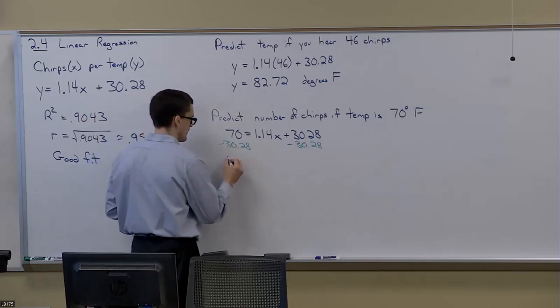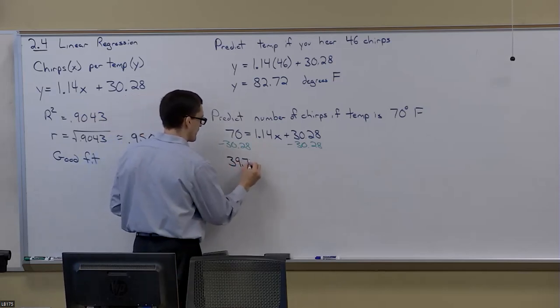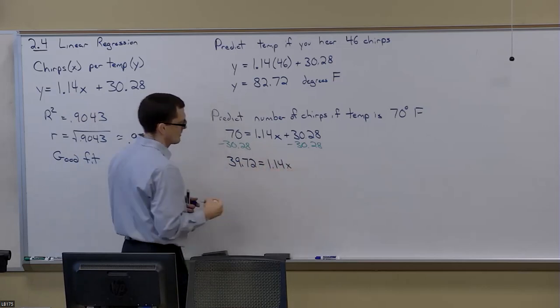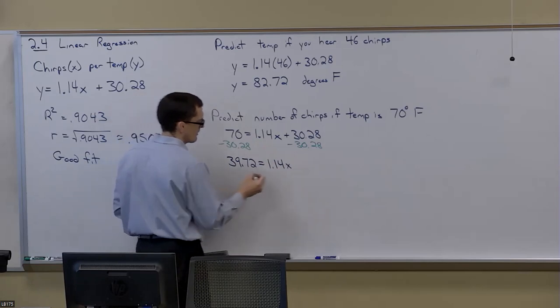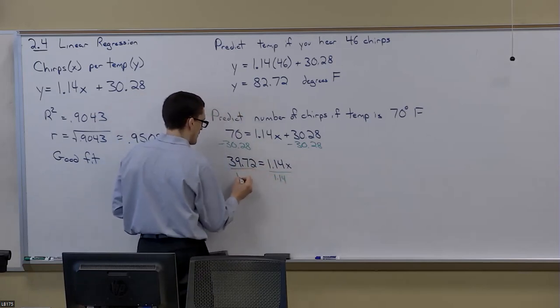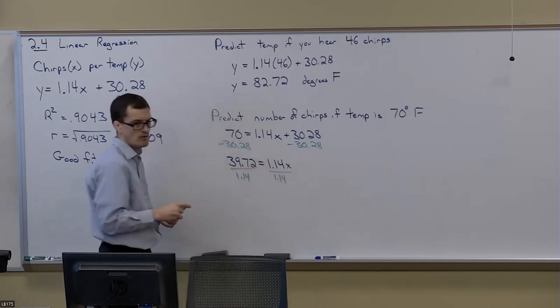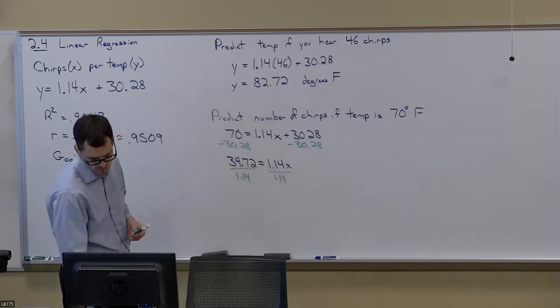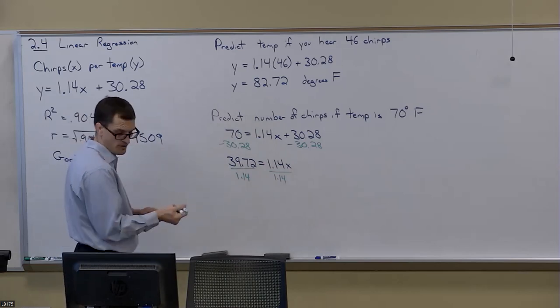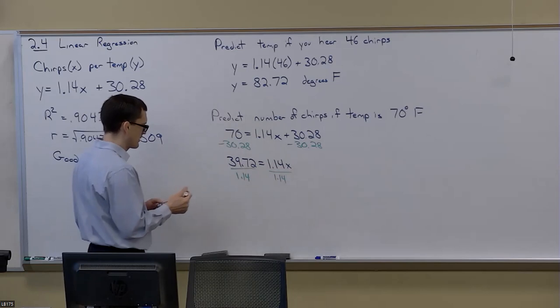$39.72 equals 1.14 times x. Divide by 1.14. x is $34.84.